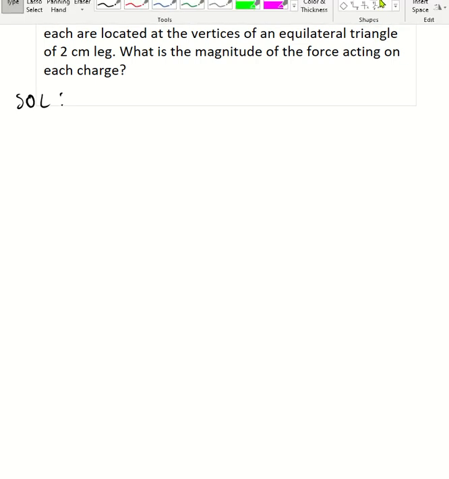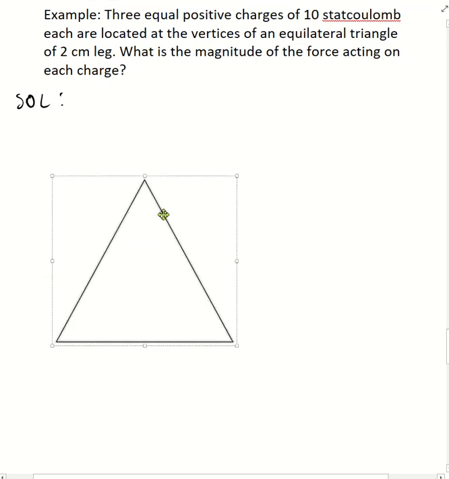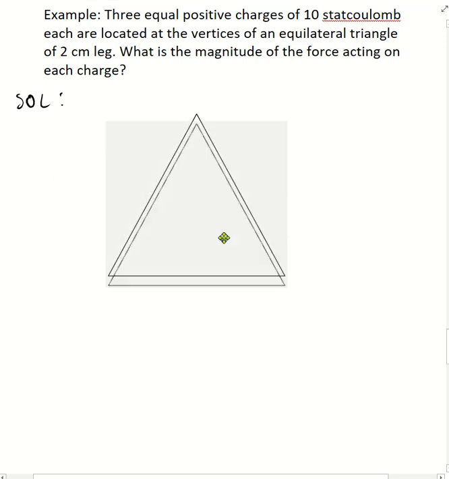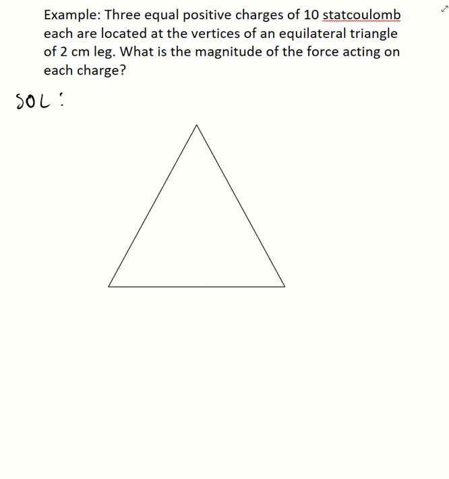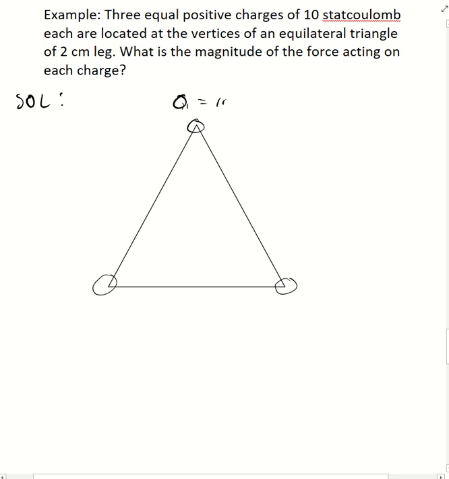Here, let's assume this is an equilateral triangle, and at the vertices we have charges equal to 10 stat coulomb. So let's say this is Q1 here, 10 stat coulomb.